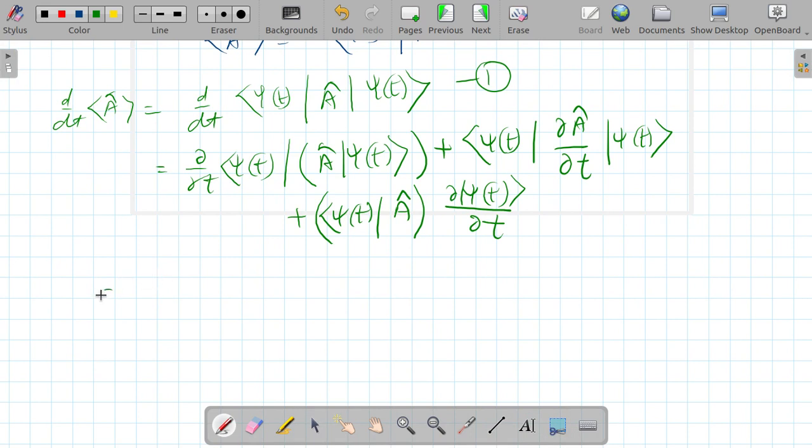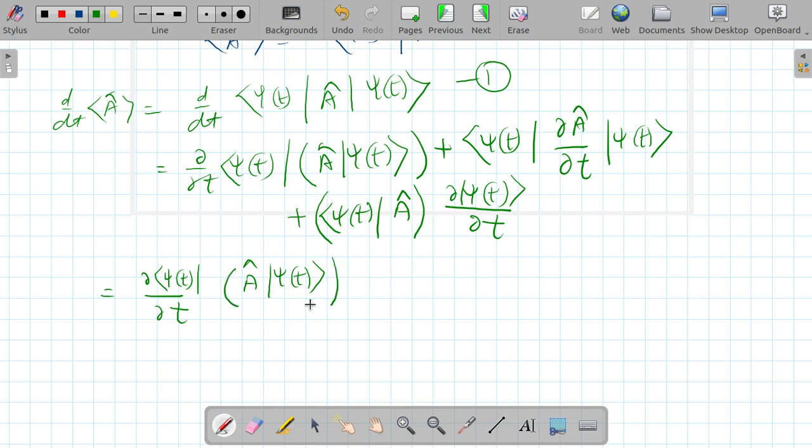So it can be written as curly psi t over curly t, and this A operator psi t, right?